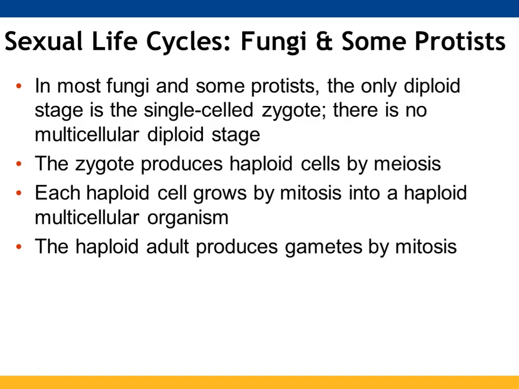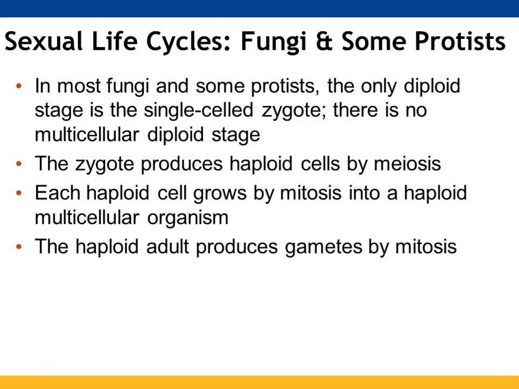So with fungi and protists, it's a little bit different because the only diploid stage that you have is the zygote, once the haploid gametes have fertilized. The zygote is able to produce haploid cells via meiosis, and those haploid cells are going to produce your multicellular organism with just one copy of those chromosomes.